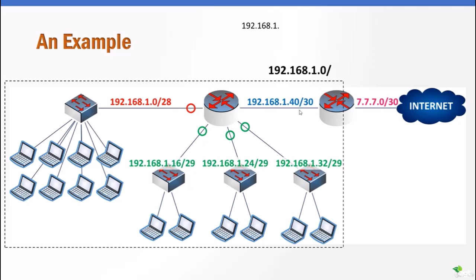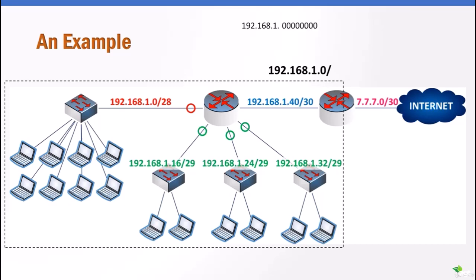192.168.1.40. So we need to think about what's the last usable IP address in this subnet, and that's 43. So 40 is the network ID, 41 and 42 are the two usable IP addresses, and then 43 is broadcast.